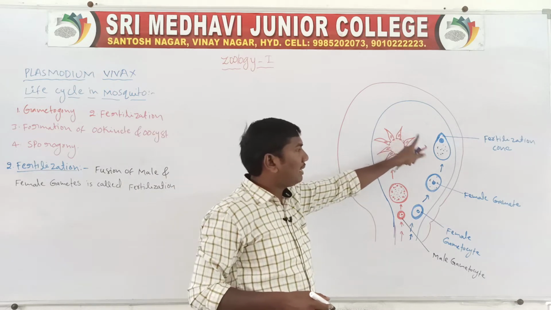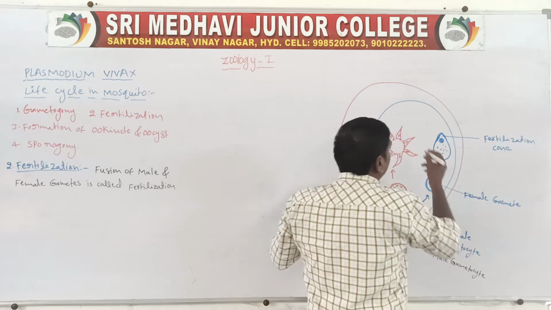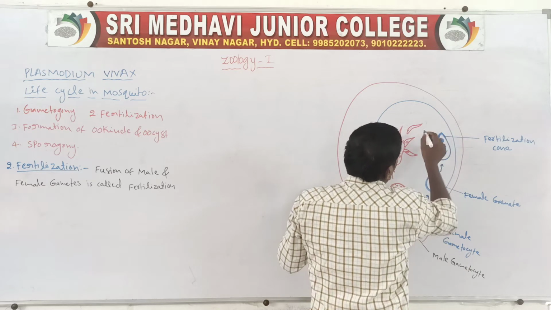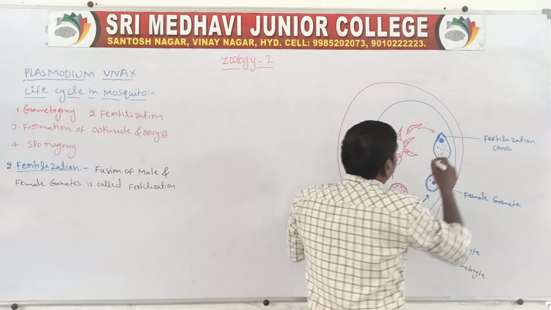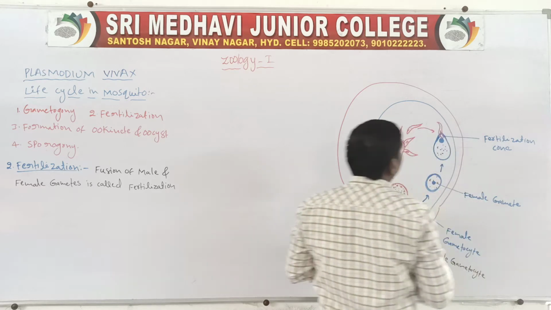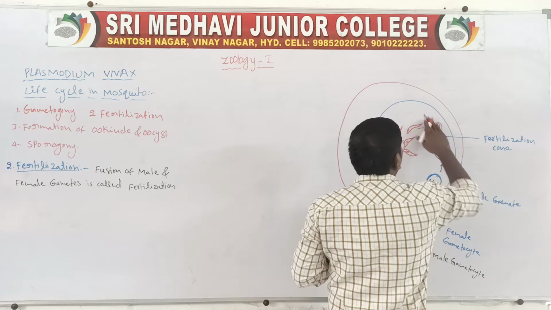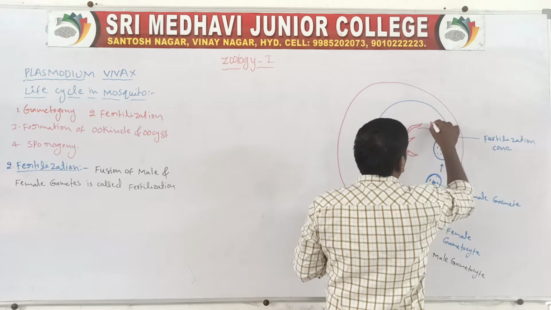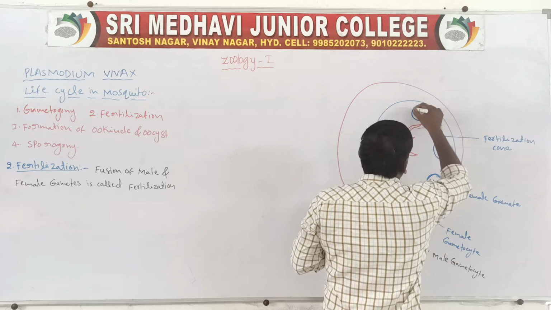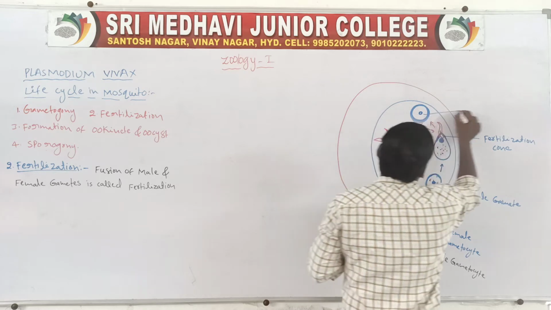First step, the fertilization process. This is the male gamete, and this is the female gamete region. The flagella-like male gametes are entering into the fertilization cone region of the female gamete. This is the formation of zygote.